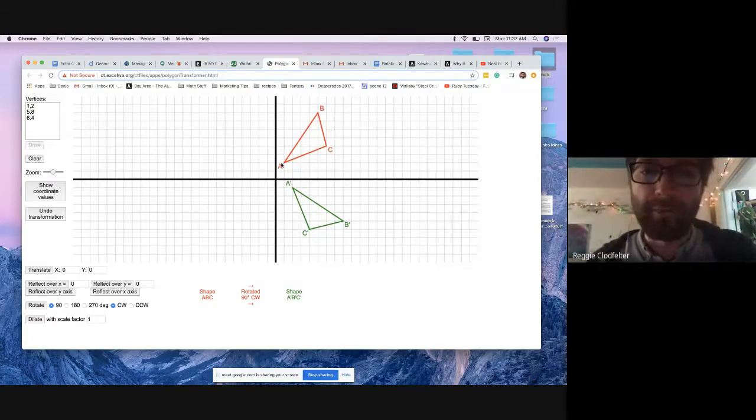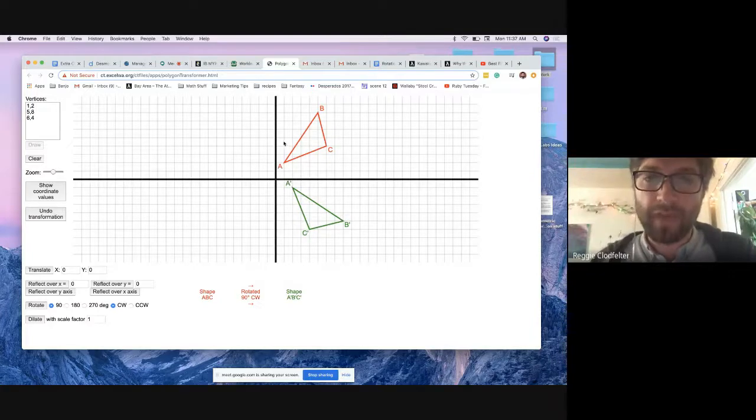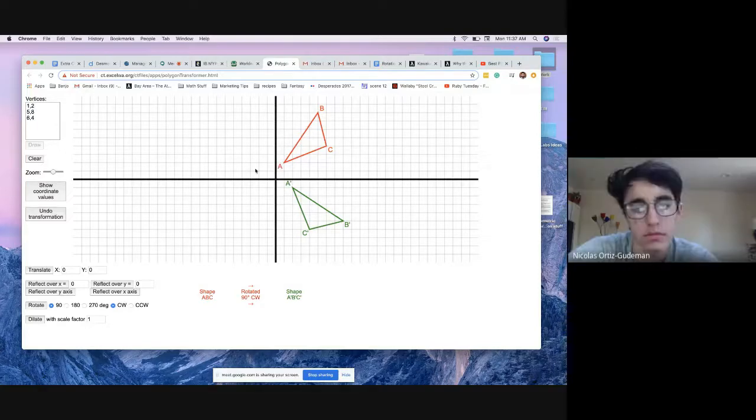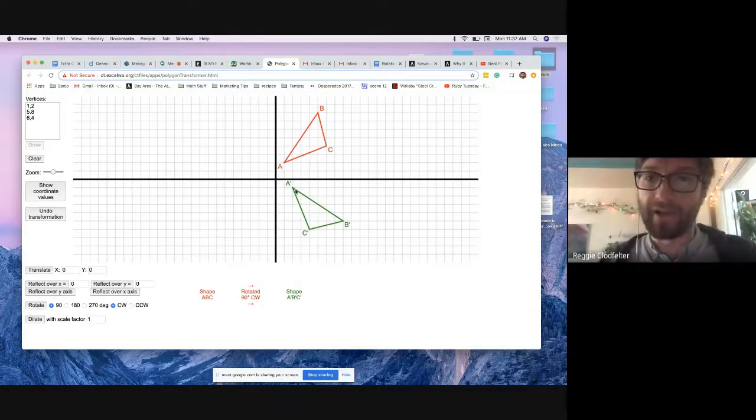The center of rotation will sometimes move away from the origin. Now, with my image, A prime, B prime, C prime, and my pre-image, ABC, how much farther away from the center of rotation is A prime than A? Can someone tell me how much farther away from the center of rotation A prime is than A?